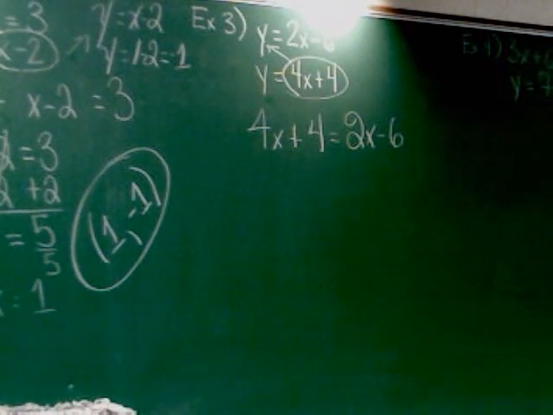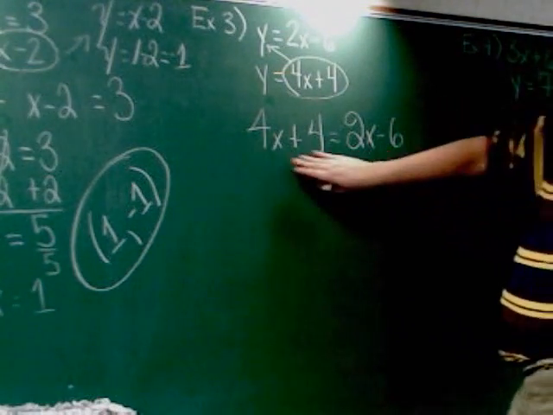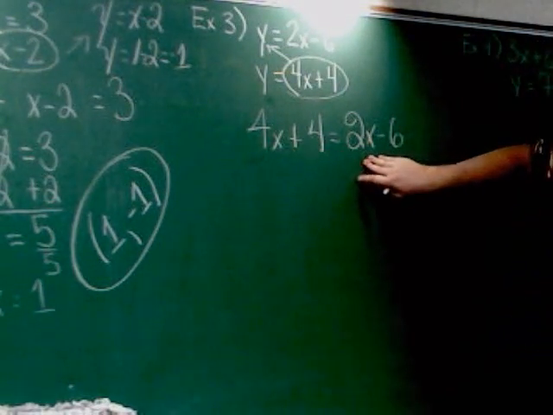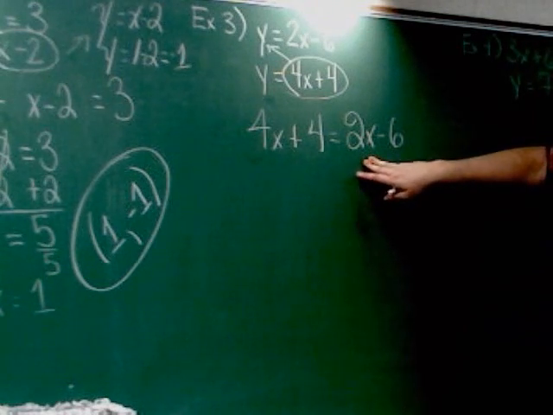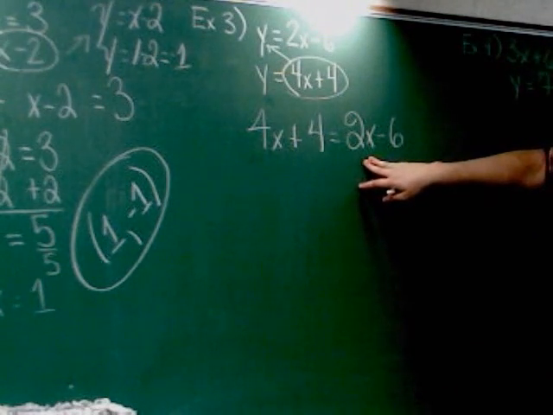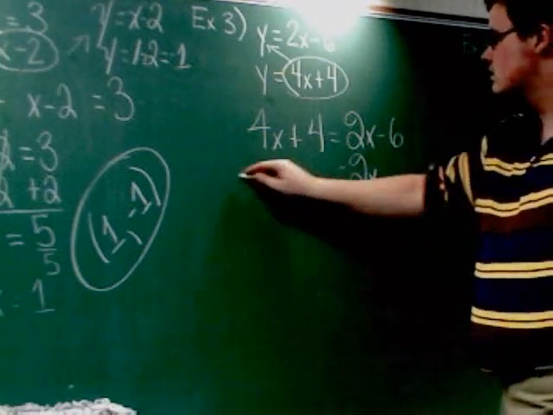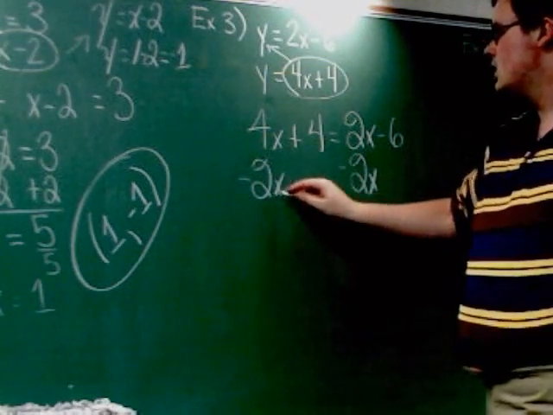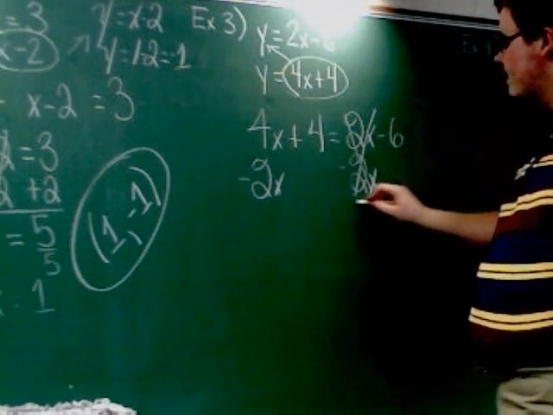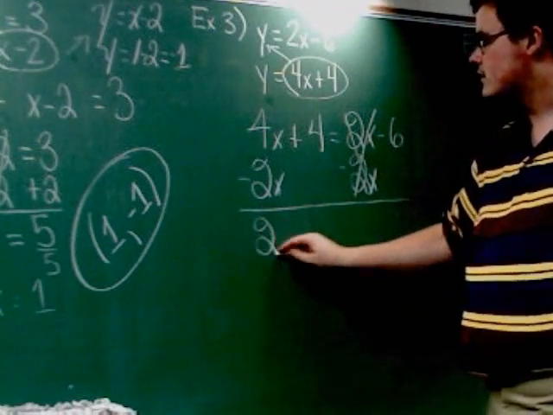If I'm moving everything to the left, what do I have to move to the left side of the equal sign? Alicia? 2x has to move to the left side of the equal sign. 2x is positive. Opposite of a positive is a negative, and negative looks like subtraction. So I'm subtracting 2x from both sides. So that gave me 2x.